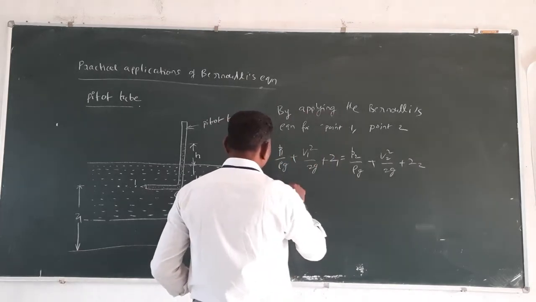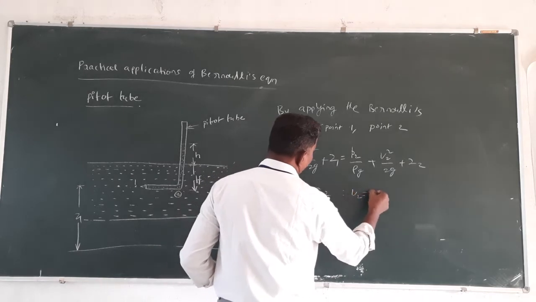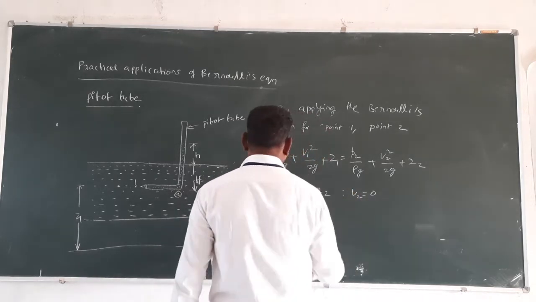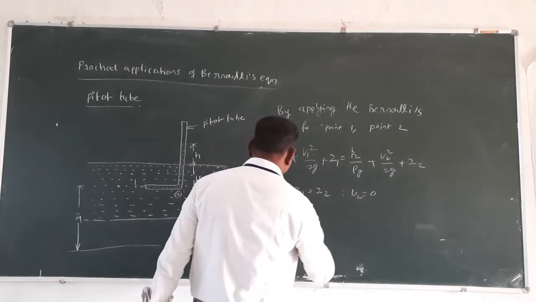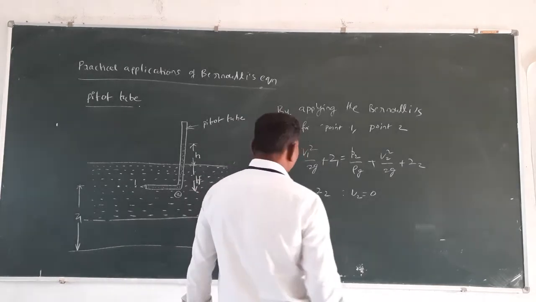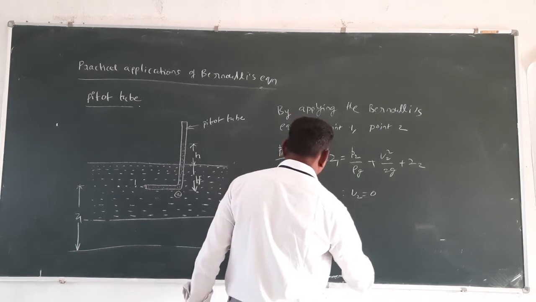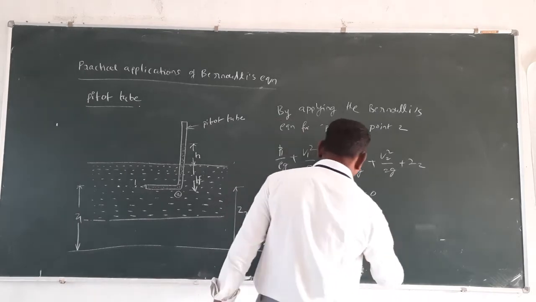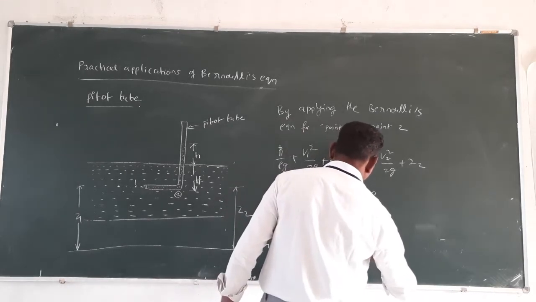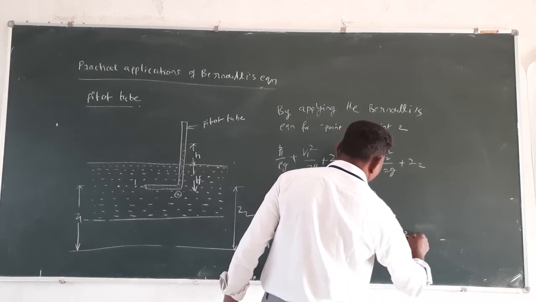Put Z1 is equal to Z2 and V2 is equal to 0. Therefore, we will get P1 by rho g plus V1 square by 2g plus Z1 is equal to P2 by rho g plus 0 by 2g plus Z2.